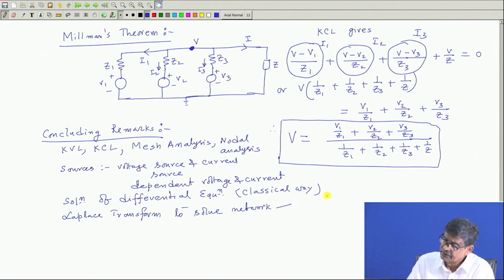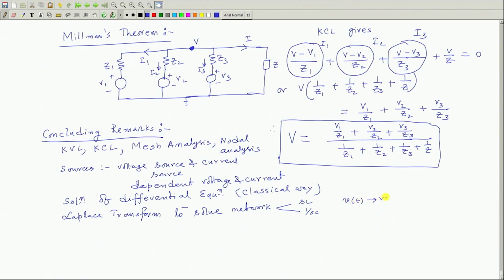Only thing, wherever there is an inductor you replace it by sL, wherever there is a capacitance you replace it by 1 by sC, and R you do not change, keep it there, and supply voltage v(t) change it to V(s). Any current in the circuit i(t) change it to I(s). Then V(s) becomes equal to Z(s) into I(s). Therefore, I can invoke all the rules that we have learned in DC circuits, because it is also linear, so far as Z is concerned, Z is a constant thing.